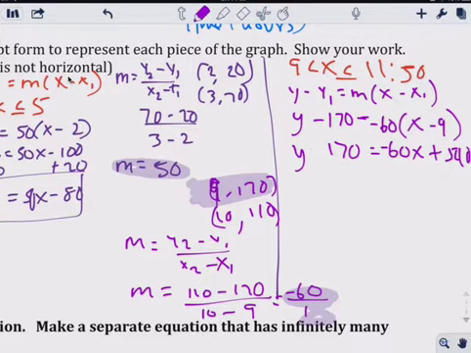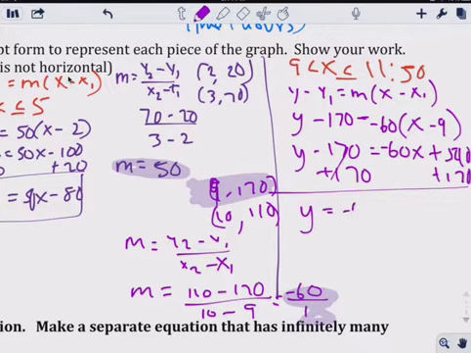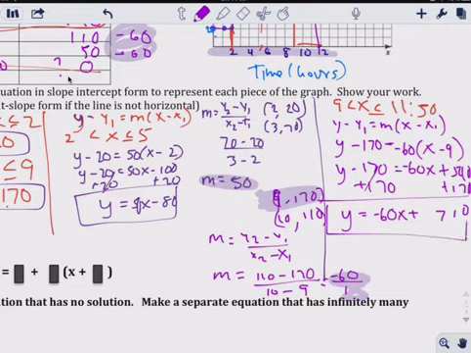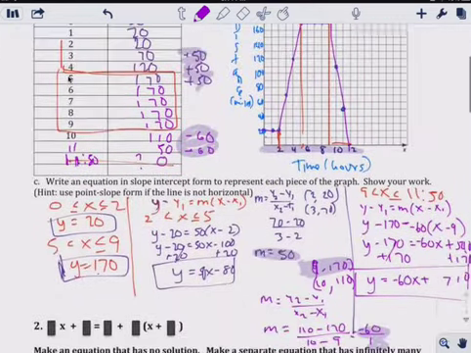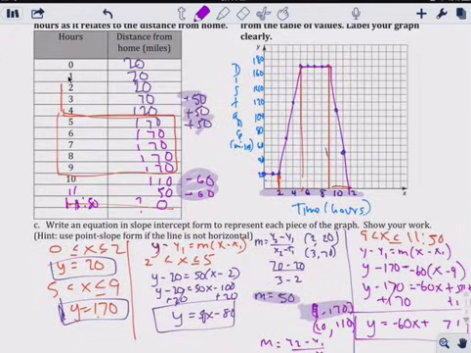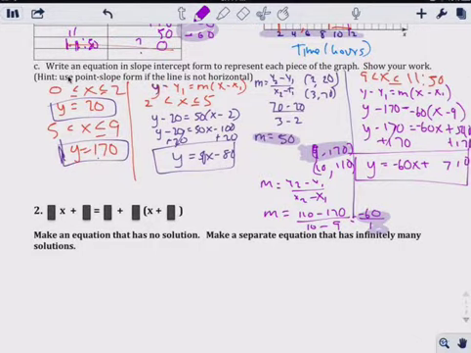What's the mistake there? Plus 170. Y equals negative 60x plus 170 plus 540. That's your third equation. Let's look. Going down, yep, that looks right. Okay, these are your 4.